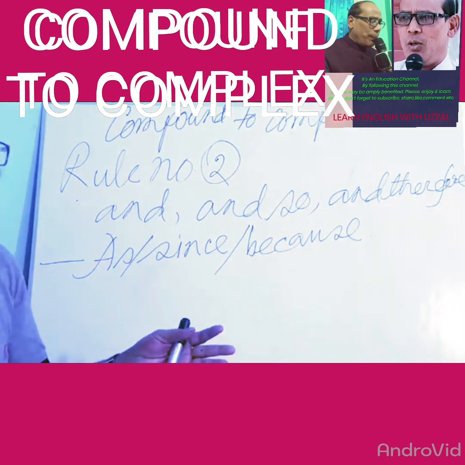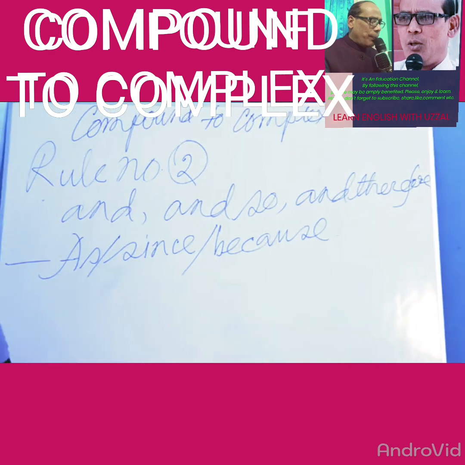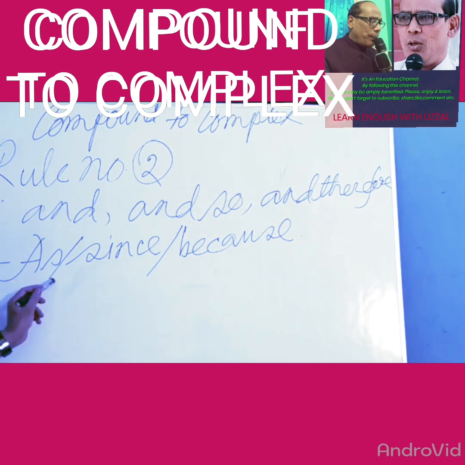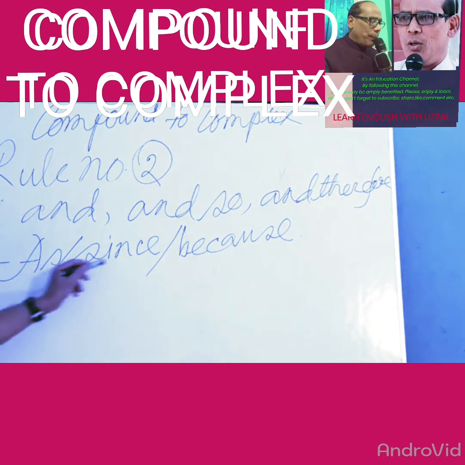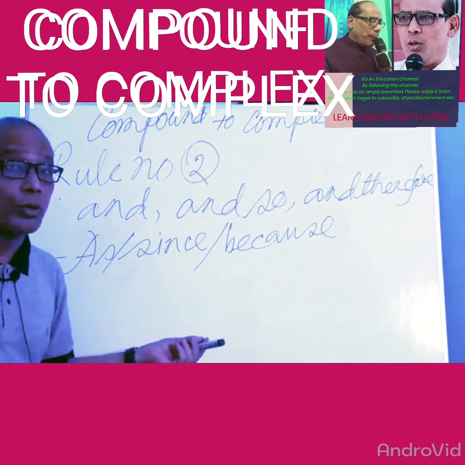Any of them you can use. If we find and, or and so, or and therefore indicating causes, we'll use one of the subordinating conjunctions as, since, or because. It will depend on your choice.